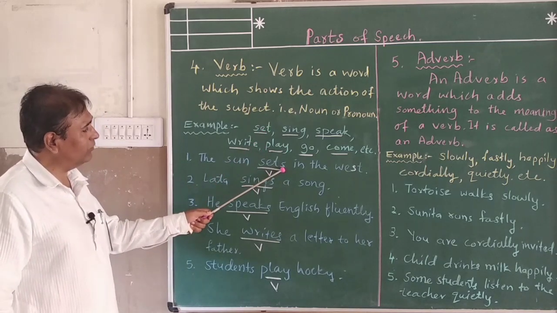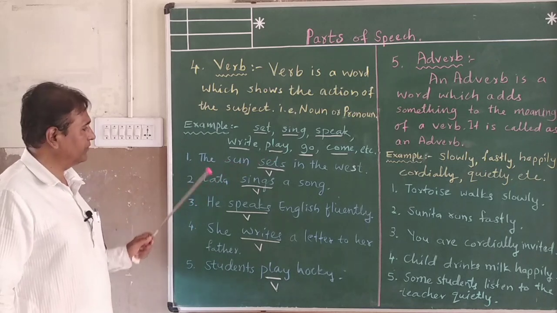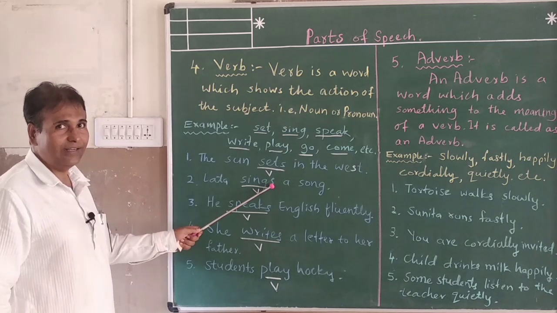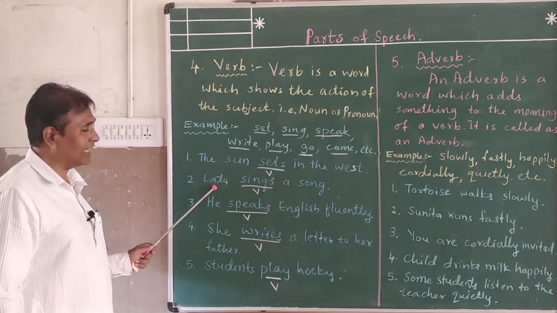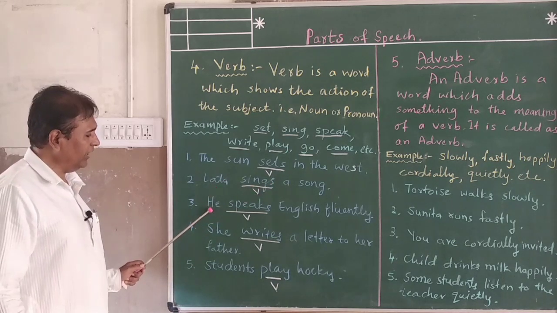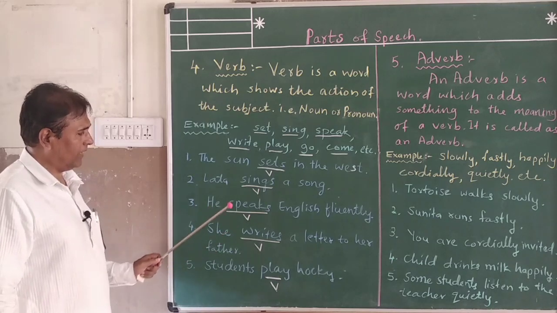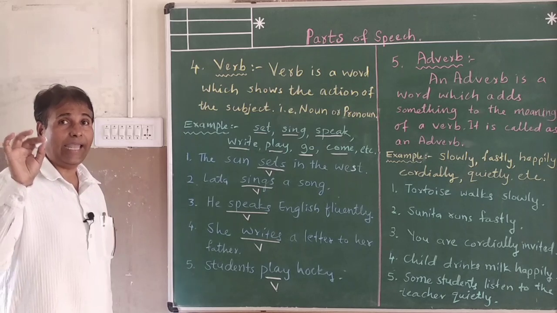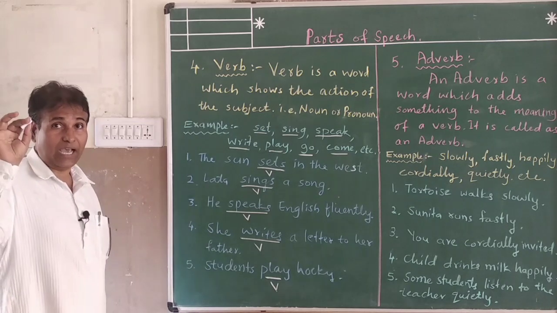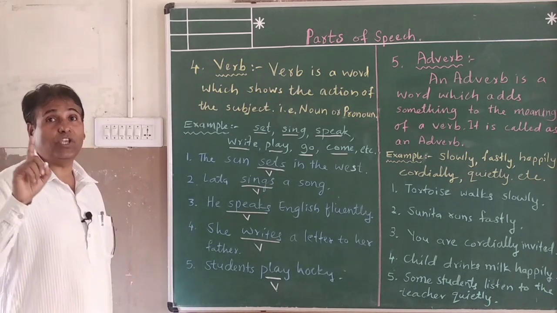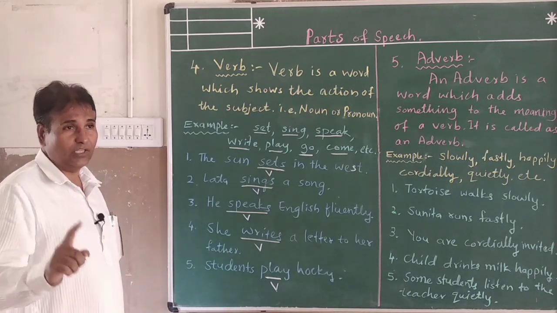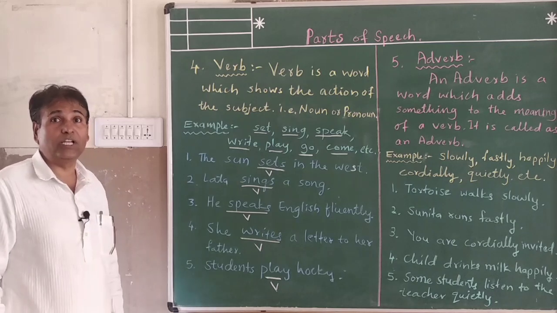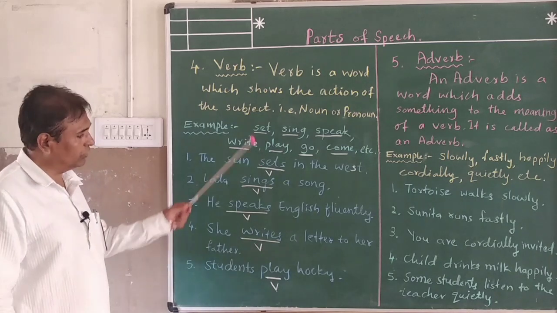Why are we adding this s? Because it is singular. Lata sings a song. Here also we have added s, because Lata is alone. He speaks. Just remember, singular subjects take the s, sometimes ies, sometimes es.